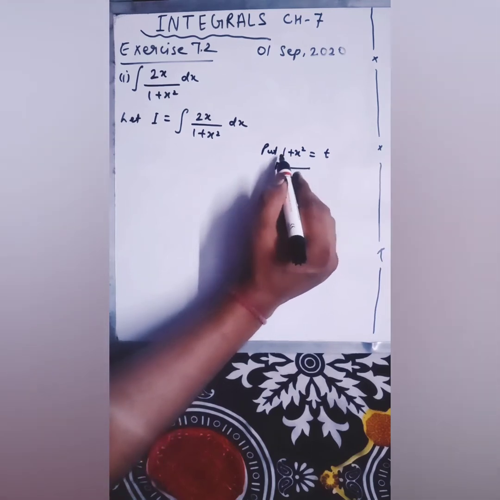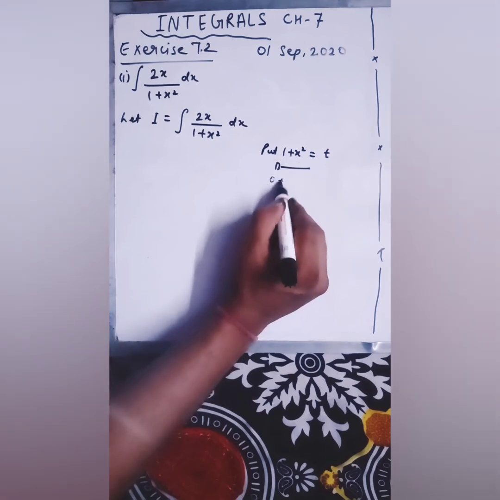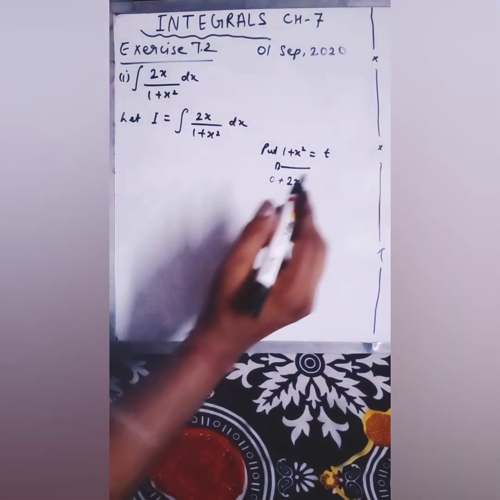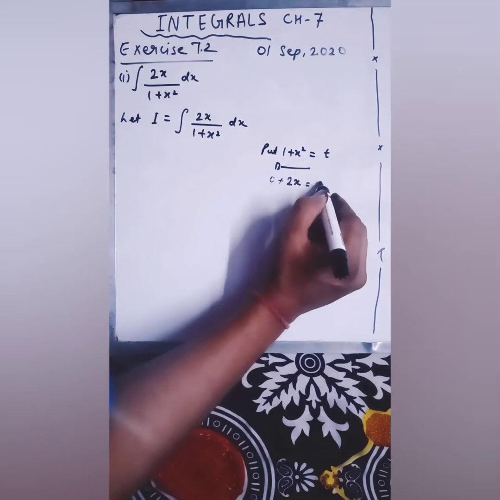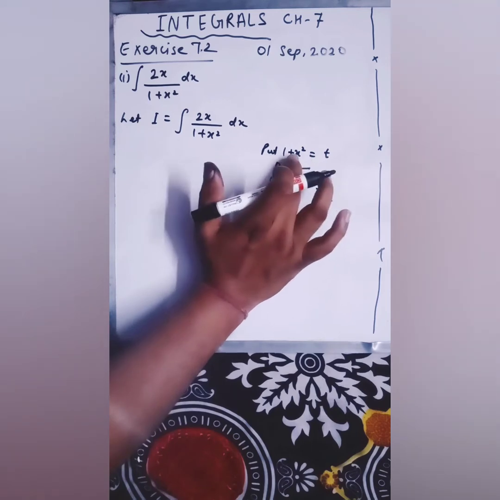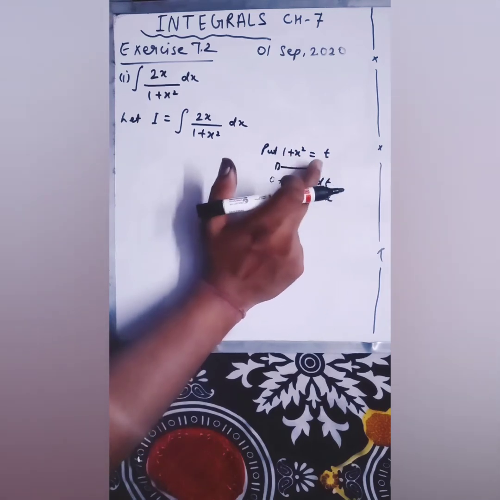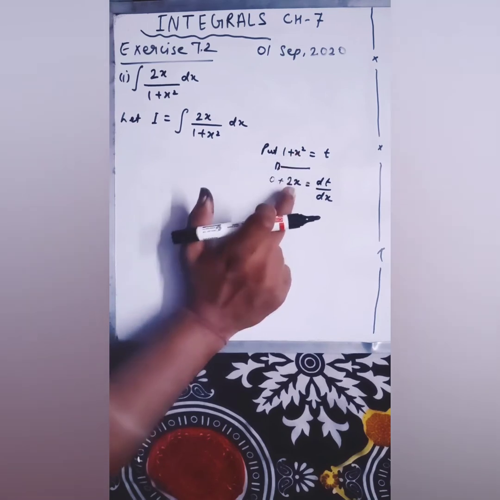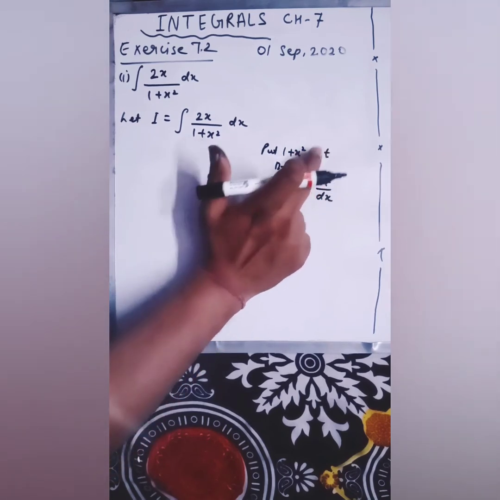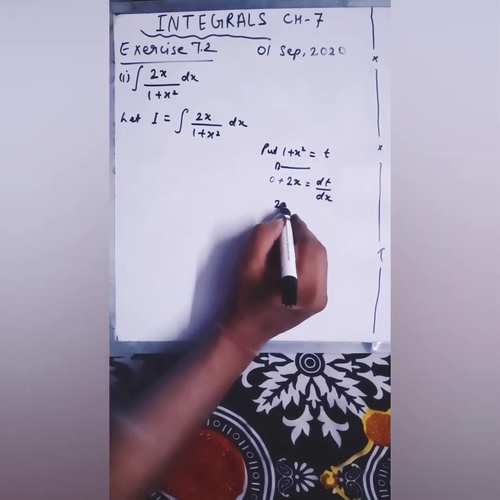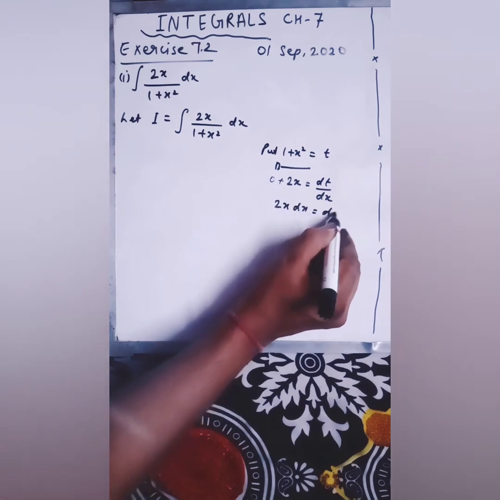When you differentiate, the derivative of 1 will be 0, and the derivative of x square will be 2x, equals the derivative of t, which is dt over dx. Now this 2x into dx is equal to dt, because I am multiplying this with dx.